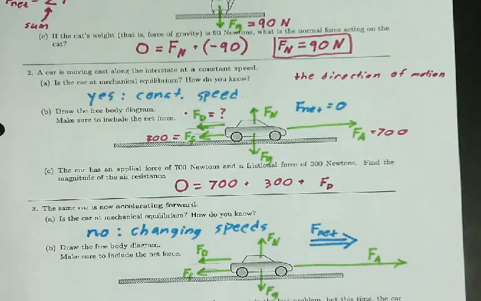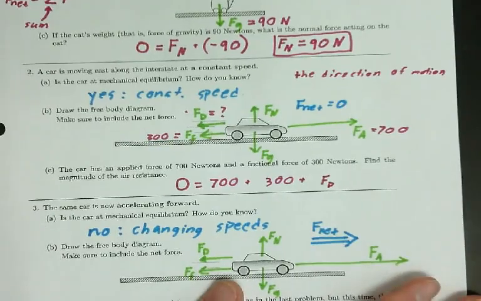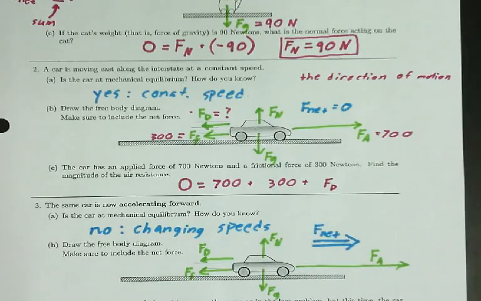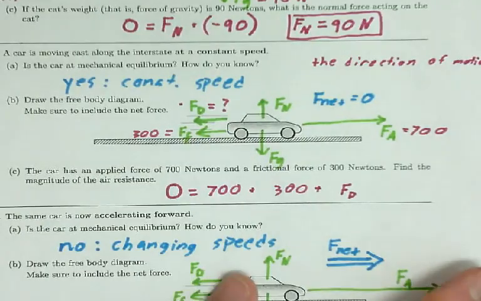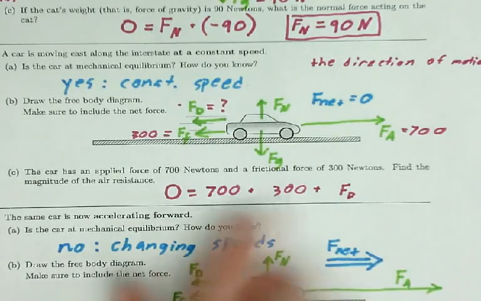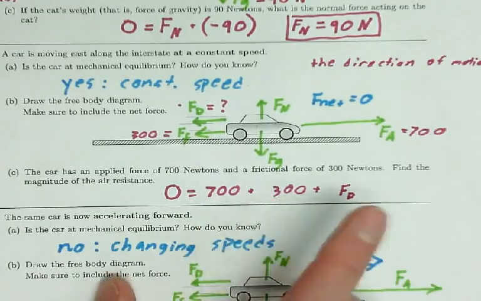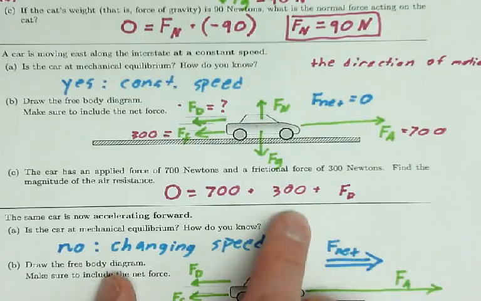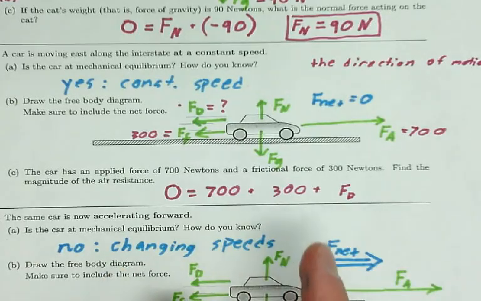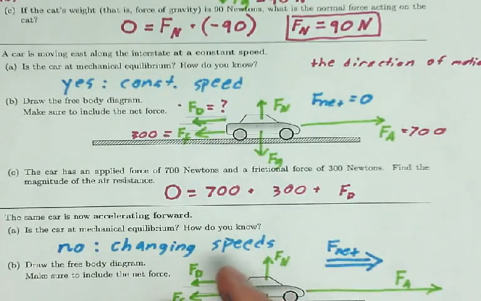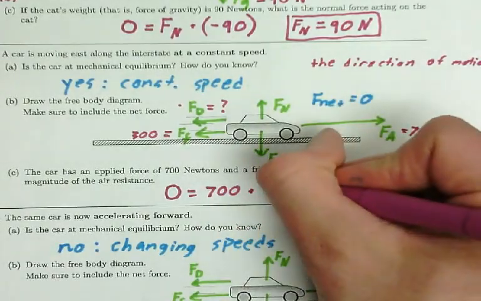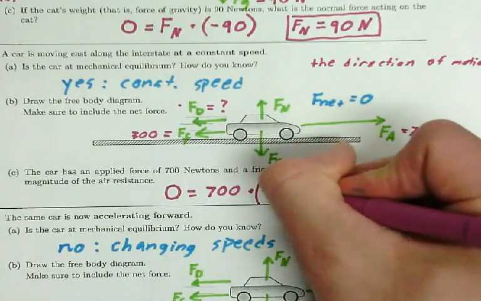Okay, Brady, I did something wrong. What did I do wrong? So I've got 700 plus 300 plus drag. Look at the arrows. What's wrong with how I did this? Which means something's got to be negative. Yes. So you could either say minus, or what I'm doing to try to be more consistent here, plus a negative 300.